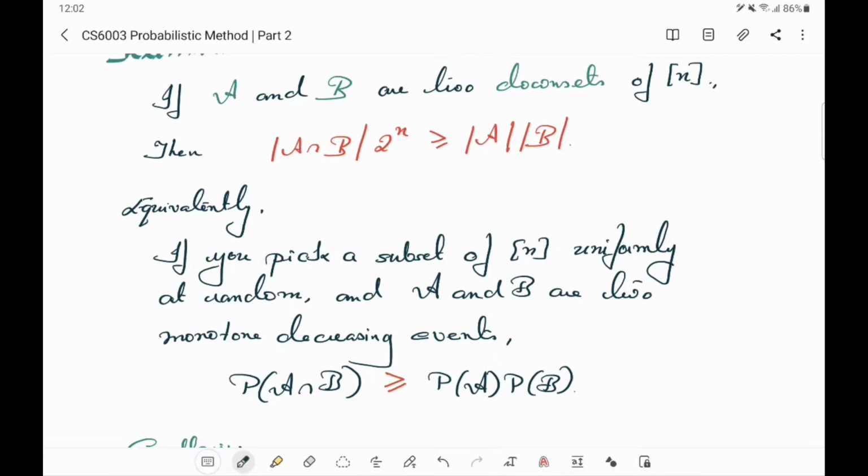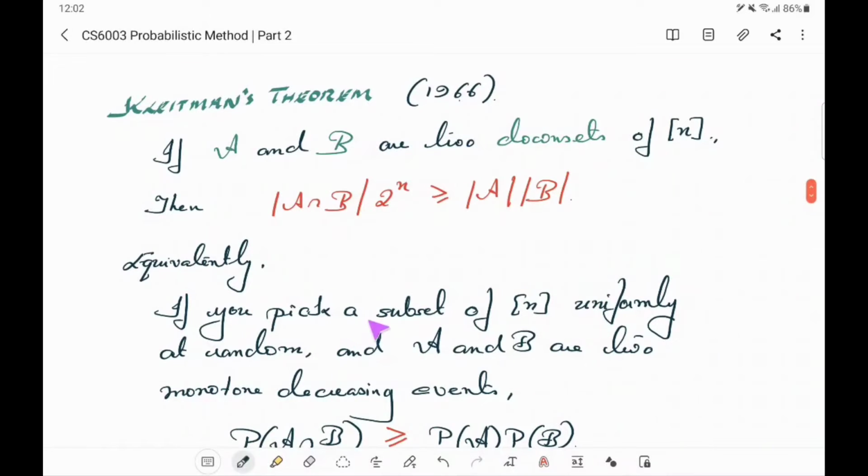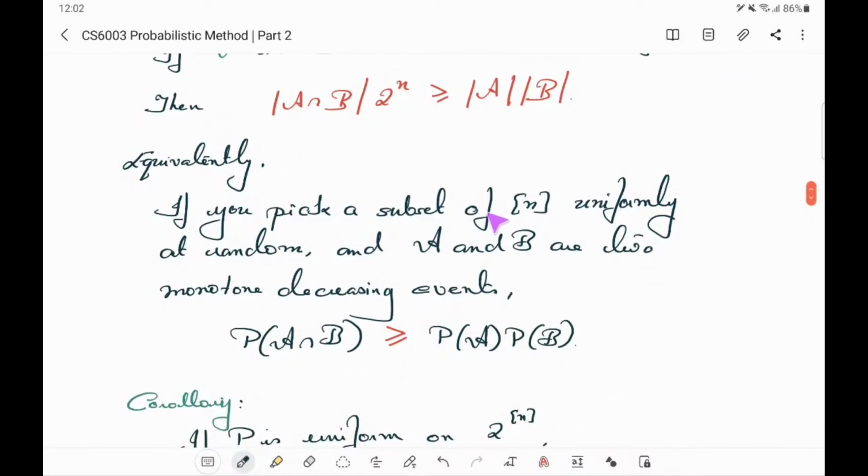So equivalently, Kleitman's theorem can also be remembered and stated this way: if you pick a subset of n uniformly at random. Okay. By the way, remember that you can do this in two ways. One is you assign a probability of 1 by 2 power n to each subset and then pick one according to that distribution. That will be the default way to pick a subset of n uniformly at random.